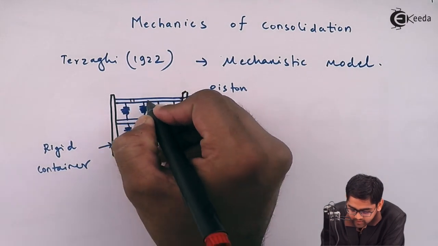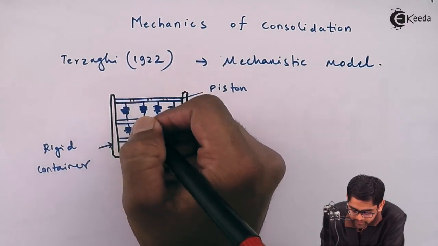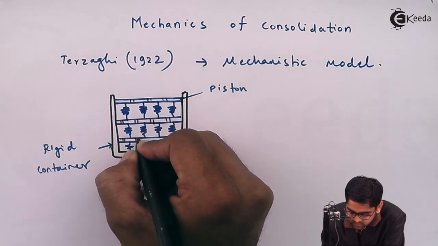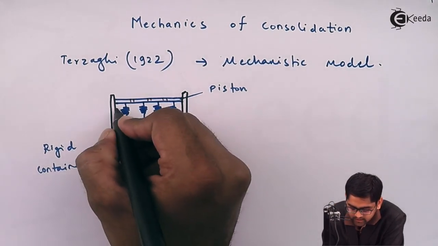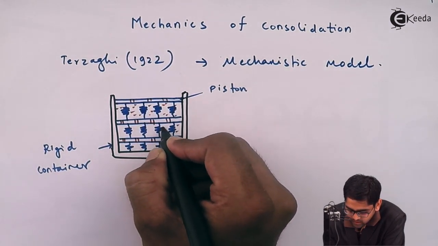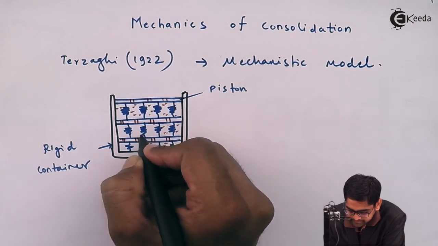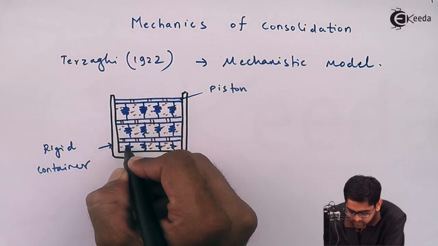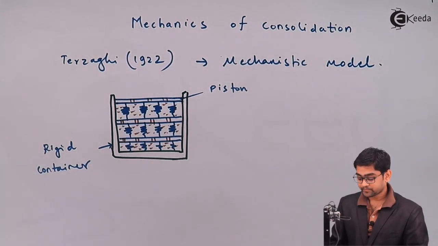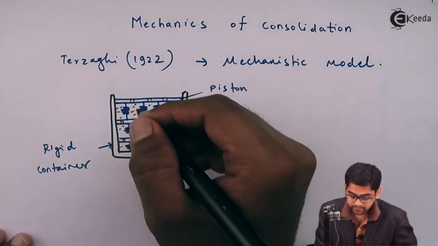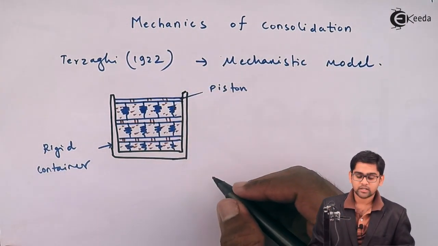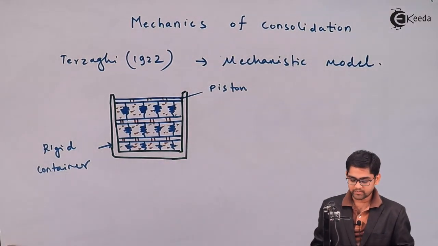Terzaghi purposefully made openings in the piston, and he filled water all around the spring. This is the water which is filled in between two consecutive springs, and there is a perforation through which water can communicate between two consecutive compartments.